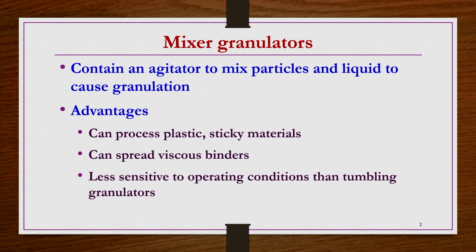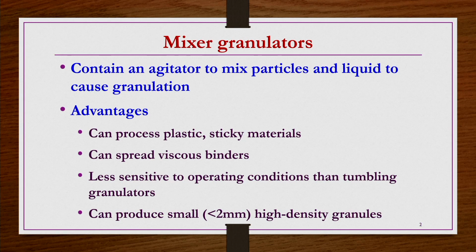And then the performance is not very sensitive to the operating conditions. As we have seen, in tumbling granulators the operating conditions are to be properly managed to have proper granulation, otherwise consolidation, etc. may take place.